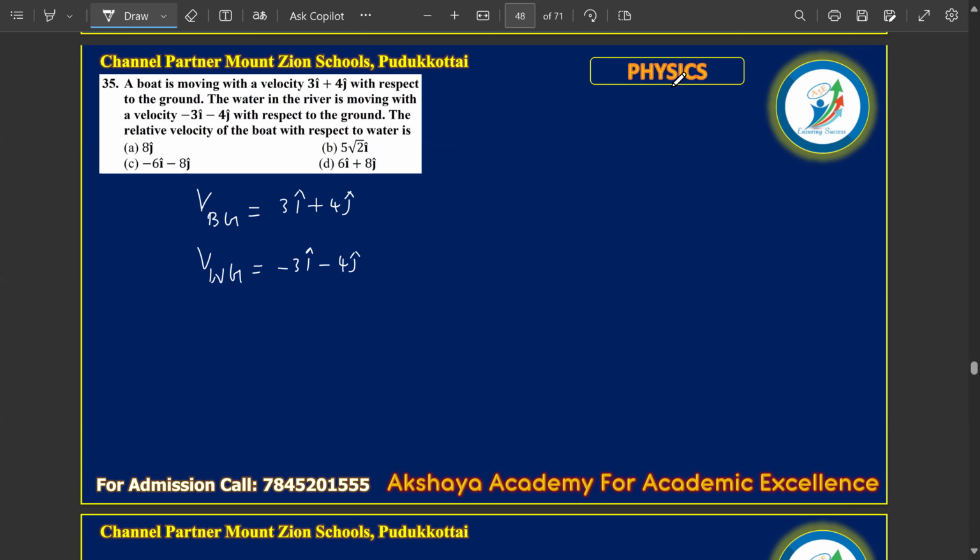What do we need to find out? We need to find the relative velocity of the boat, that is the velocity of the boat with respect to water, which is VBG minus VWG. So 3i plus 4j minus of minus 3i minus 4j.